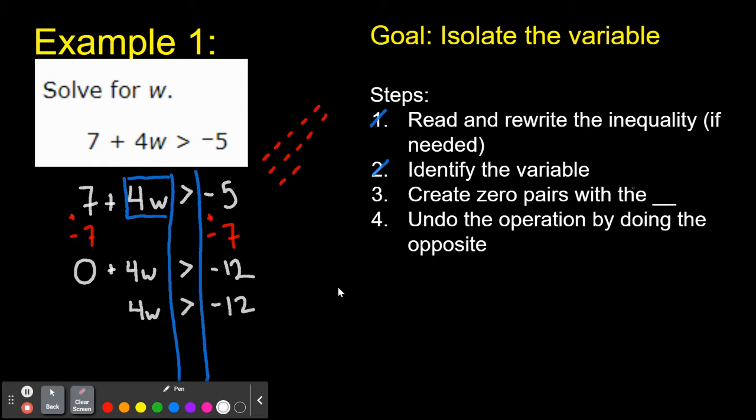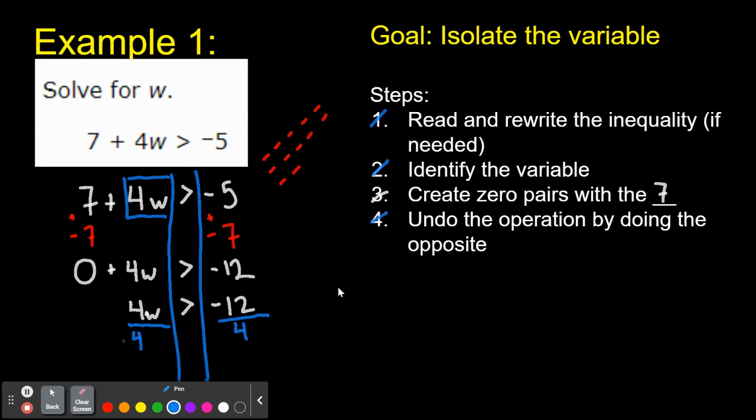So we created a 0 pair with that +7. And now we need to undo this operation by doing the opposite. What operation is going on here? This is 4 times w. So to undo 4 times w, we're going to divide by 4. We're going to divide by that coefficient. And if we divide the left side by 4, we divide the right side by 4 as well.